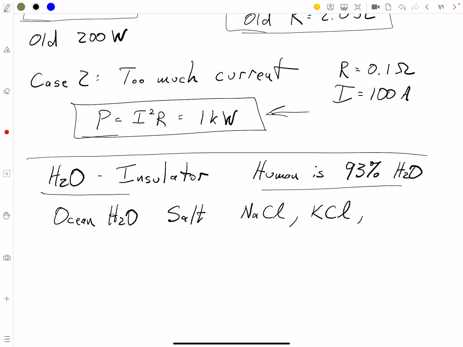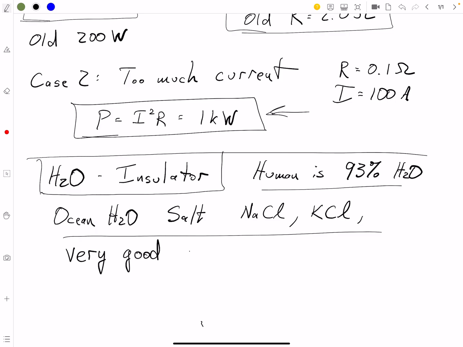So it's not pure distilled water anymore. Pure distilled water is an insulator. As soon as you start mixing things into it, salts and whatnot, which is our human body, then all of a sudden you have a very good conductor. Not great, but we definitely have the ability to conduct electricity.